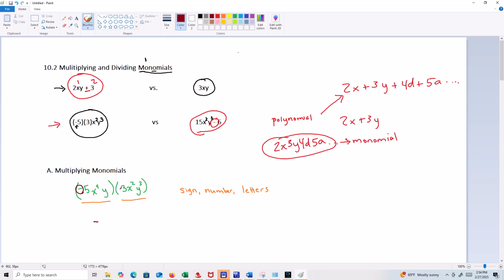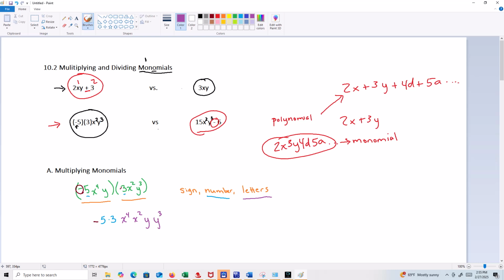Now the next thing we want to look at is number. We have a 5 and a 3. So it'll go 5 times 3. Now we want to look at letters. We have x to the 4th, x squared, y, and y cubed.